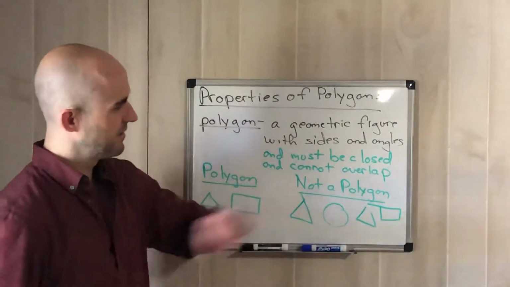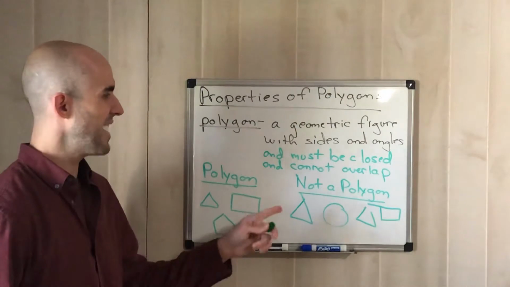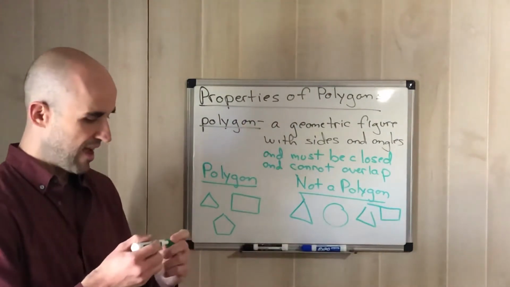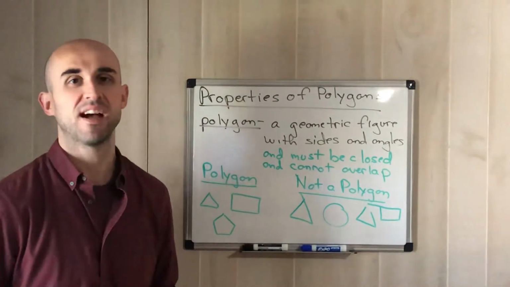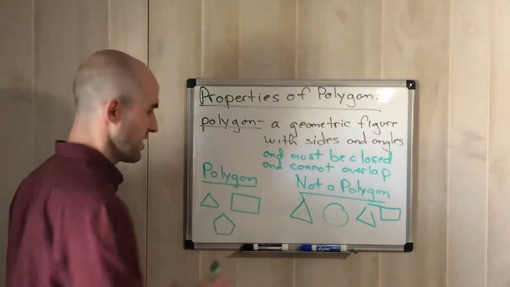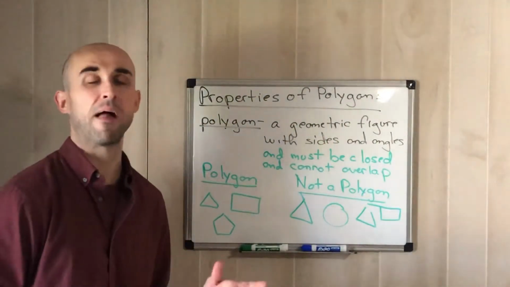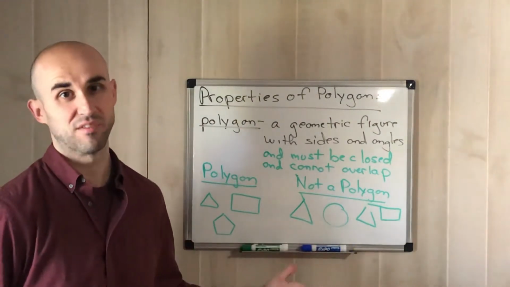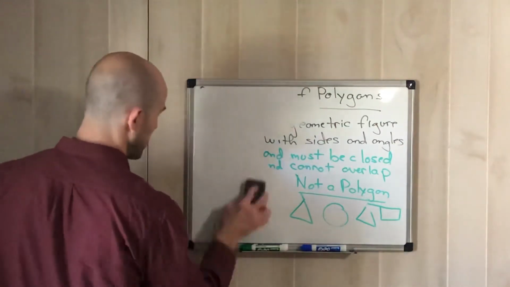So a polygon has to have sides and angles, has to be closed, and can't overlap, right? Can't be open, can't overlap. And again, it can't have any curves, that idea of a circle, right? It needs to have sides, can't be curved. A polygon cannot be curved, just straight sides. So always remember, the most basic one that people a lot of times think is a polygon is a circle. A circle has no sides, it's curved, can't be curved, right? Gotta have sides. Those are properties of polygons.